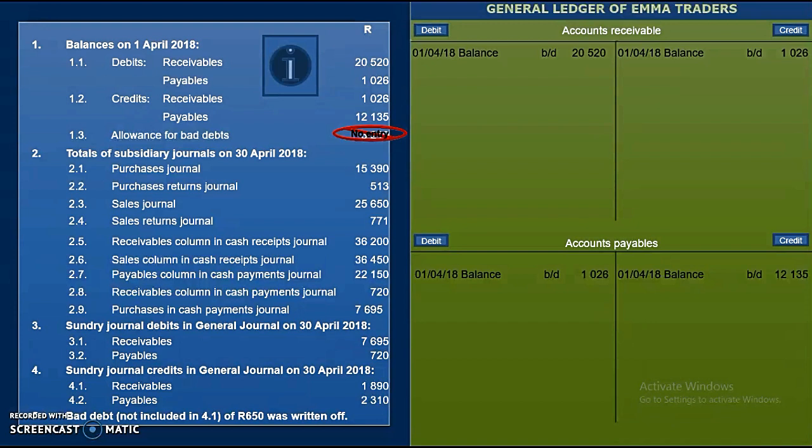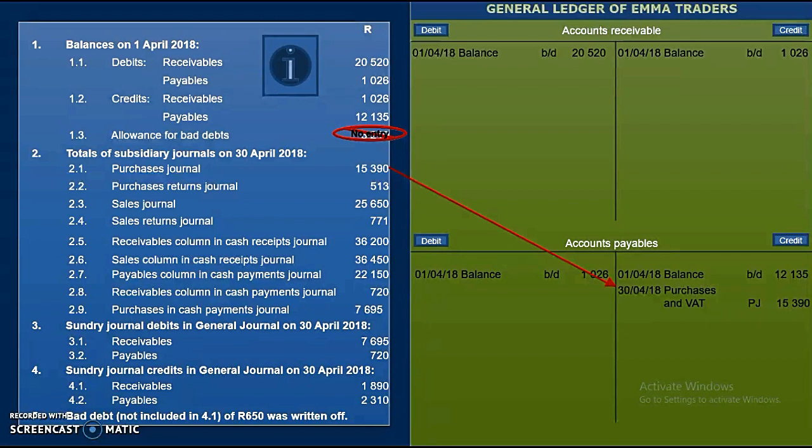The next step is to record the totals of the subsidiary journals. The first journal is the purchases journal. In the purchases journal, we will find credit purchases, and therefore it should be recorded to the accounts payable account. Credit purchases increase accounts payable, so it should be recorded on the credit side of accounts payable.